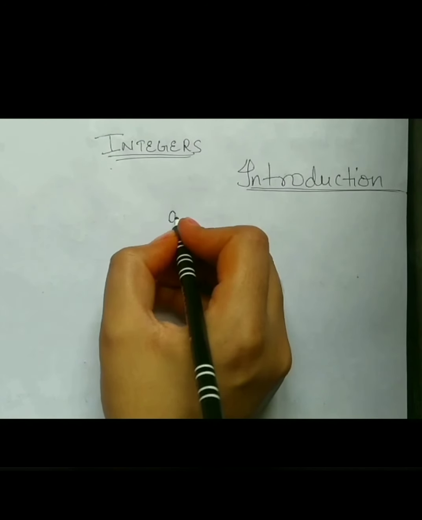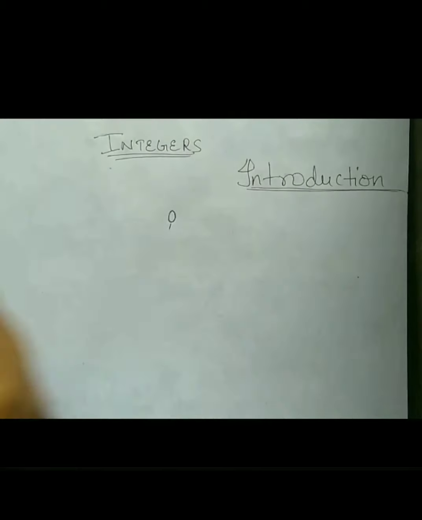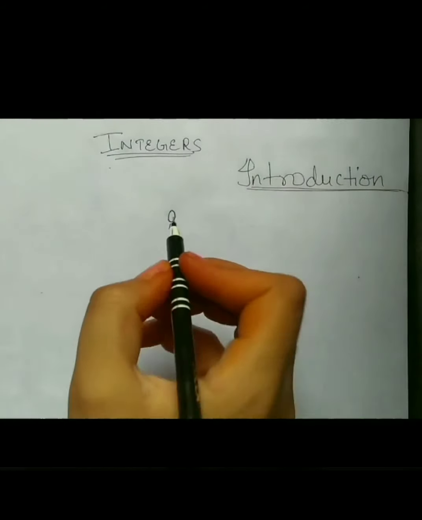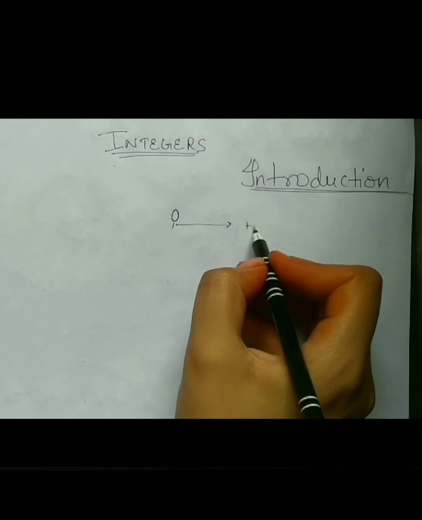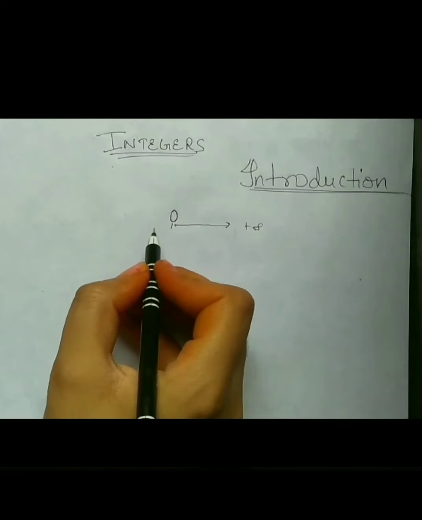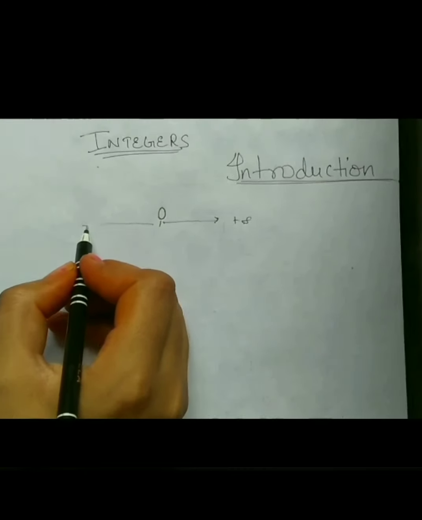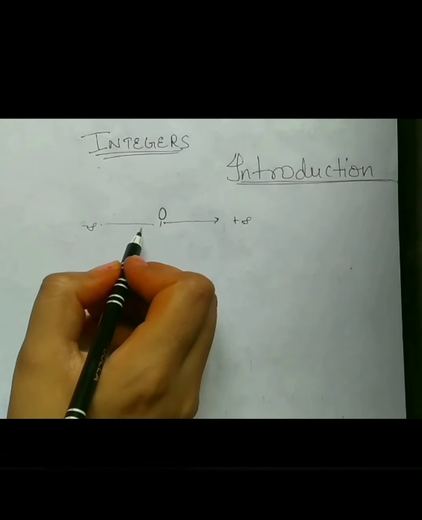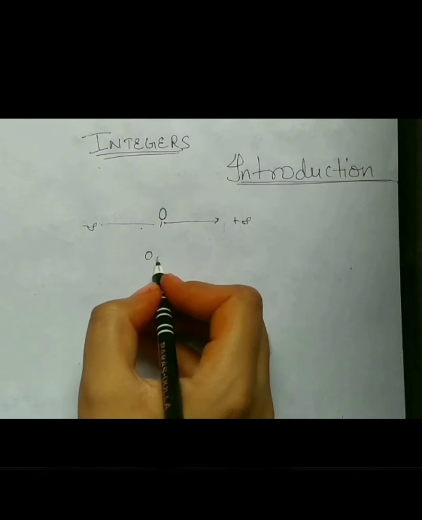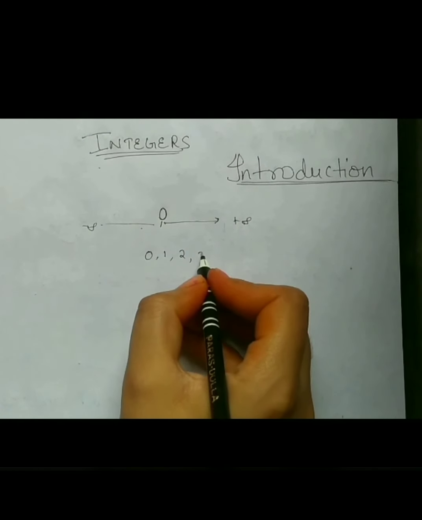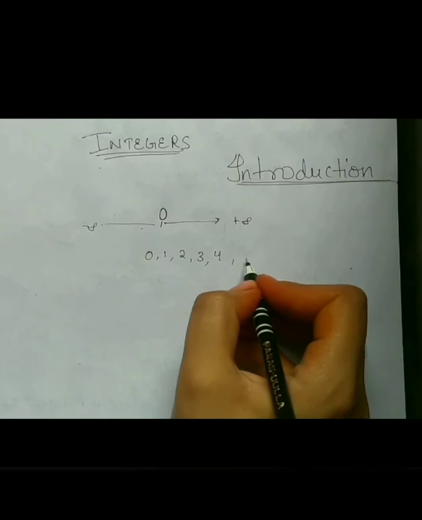0. 0 is included in integers. From 0, all the positive numbers till positive infinity and all the negative numbers till negative infinity are included in integers. Example 1, 2, 3, 4 and so on.